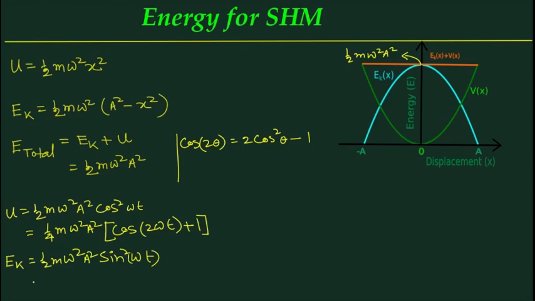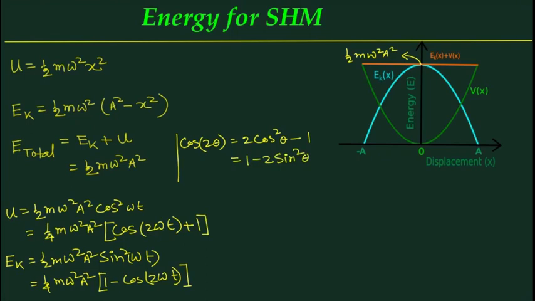This can be written as 1/4 m omega square a square into 1 minus cosine of twice omega t, because sine square omega t can be expressed in terms of cosine twice omega t by this relation: cosine twice theta equal to 1 minus twice sine square theta. So we can see that the potential energy and the kinetic energy oscillate with twice the frequency omega.